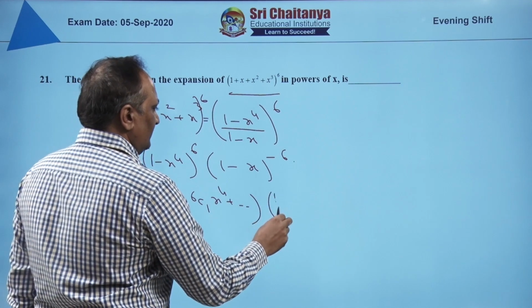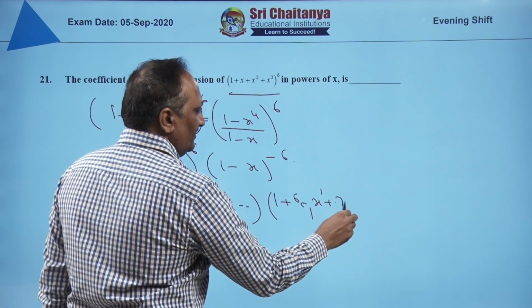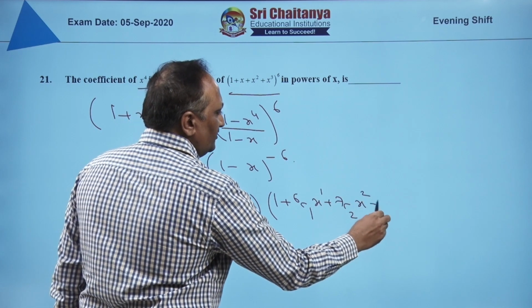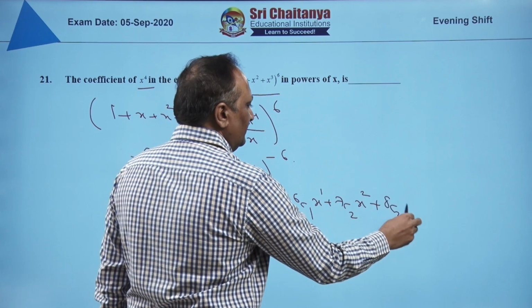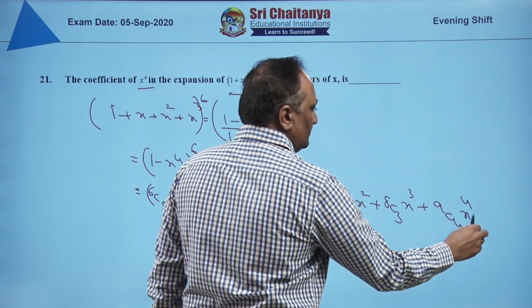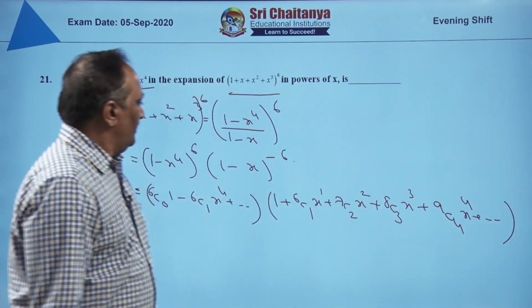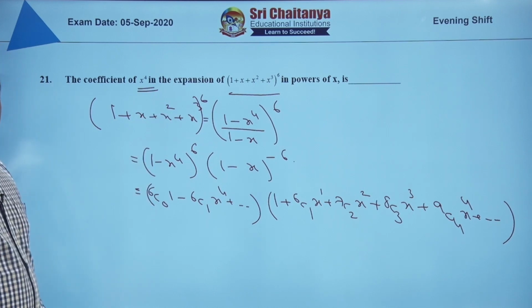This expansion contains 1 plus 6c1 into x to the power 1, 7c2 into x square, and 8c3 into x cube, 9c4 into x to the power 4 and so on. And finally, we have to find the coefficient of x to the power 4.